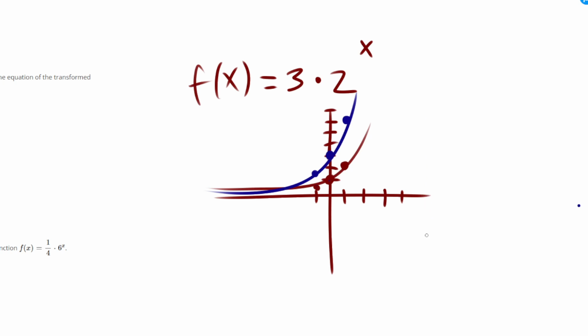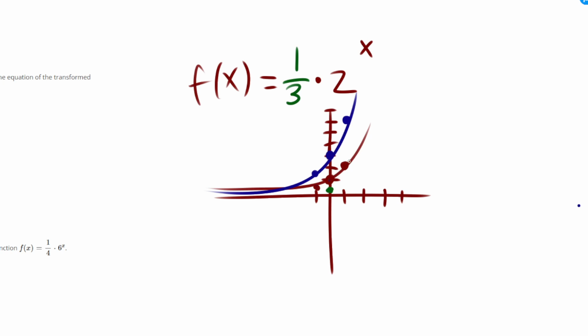It stretches upwards, see? If we had something like 1/3 instead, what is going to happen is we're going to be timesing our y values by 1/3. So this will turn into something like this.